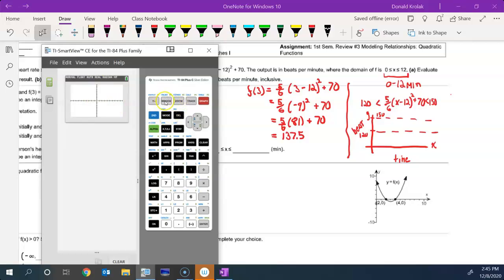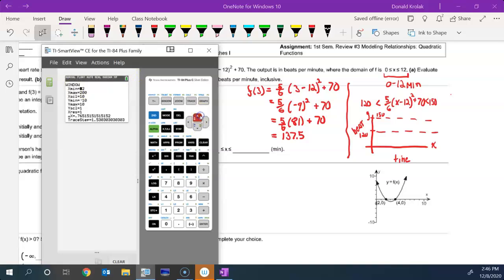So a good window might be something like: make your Y minimum negative 2, your Y max 200, and we'll count by tens, so we don't have too many tick marks. Whoops, I messed that up, guys.